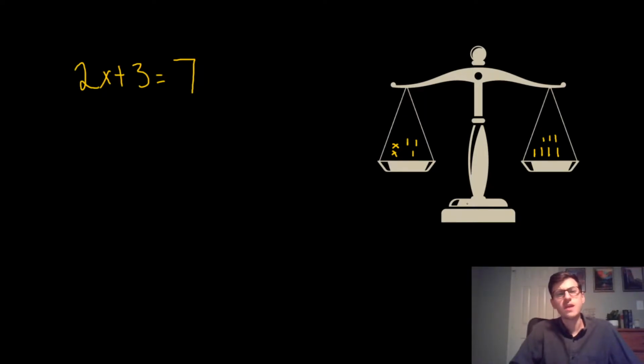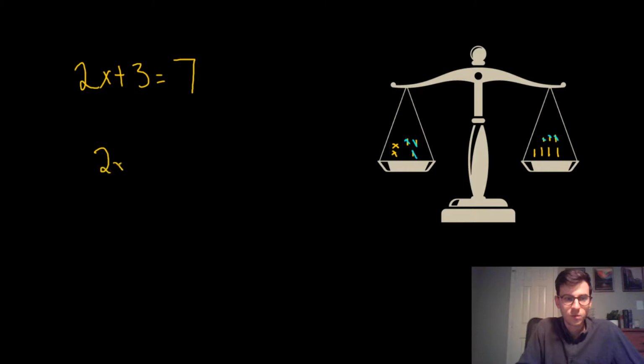So what could we take away from both sides? Well, we have these 3 1's on this side, and we have 3 1's on that side. So if I take away those 3 1's from both sides, then I'm left with my 2 x's and just 4 1's.